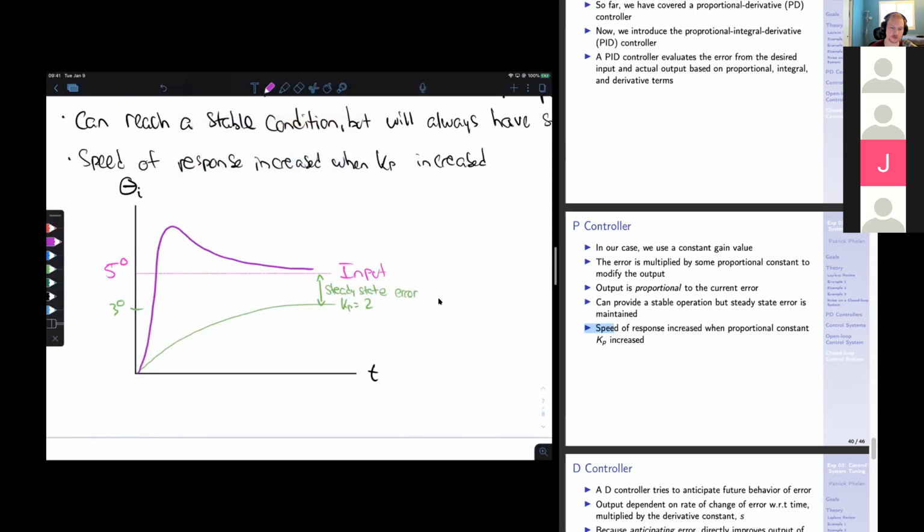We'll do it like that. Okay, there we go. So we're going to say that this is a Kp equal to, let's say, 7. Again, it doesn't really matter, but we increased Kp to some value.